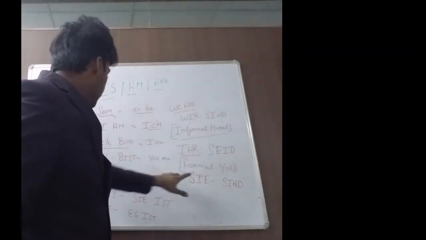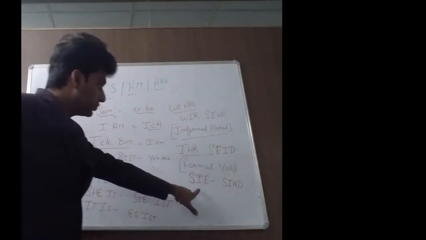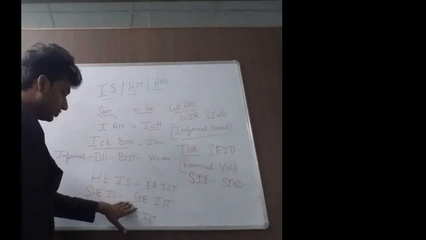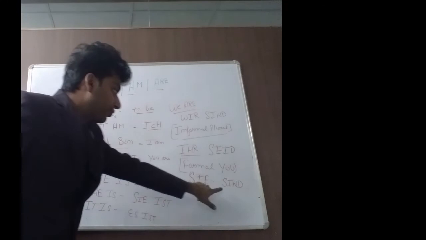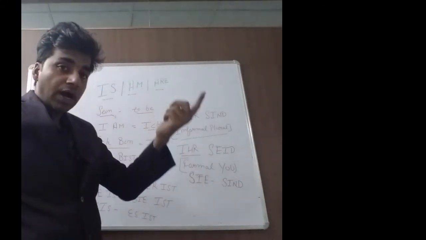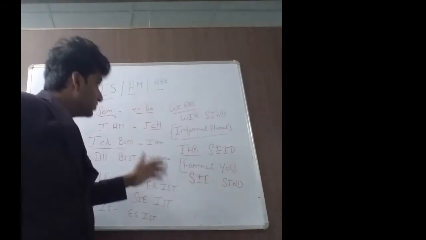So my sie and this sie is the same. So one sie is my you formal, one sie is my she, which is she is for female, but the conjugation is different. If I'm applying she is, sie ist. If I'm applying you are, there a formal, which is sie sind. Alright, so basically this is the thing.